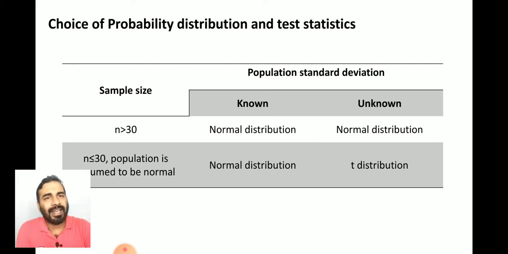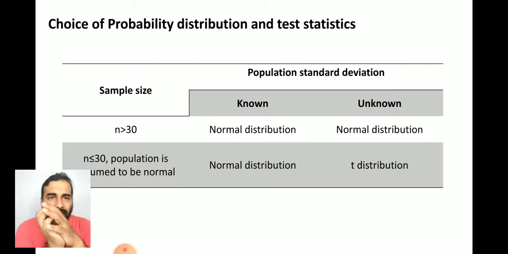If the sample size is greater than 30, whether you know the population standard deviation or don't know it doesn't matter, you have to go to the normal distribution.